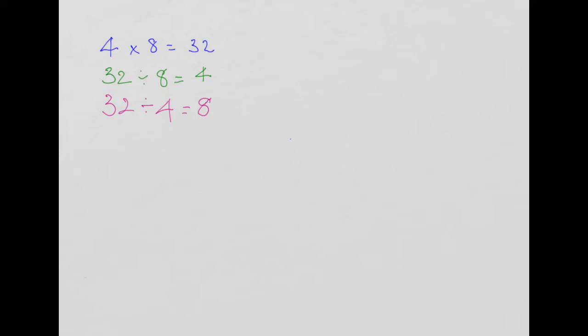So if we take a line from our tables, let's say 7 times 8 equals 56, and this is true, 7 8s are 56.